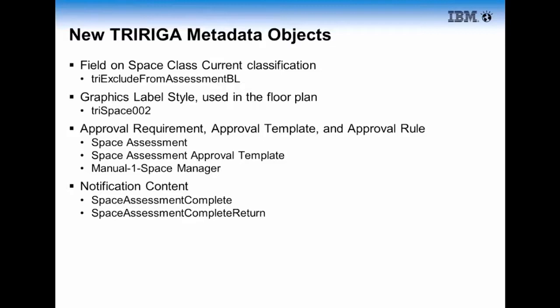The next one is the graphics label style. This is used in the floor plan in both the space assessment app and the space management app. The graphic label that we created is tri-space 002. I'm going to show you real quick, and then Armelin will show the customization of this. I'll go back to TRIRIGA, then go to Tools, Administration.